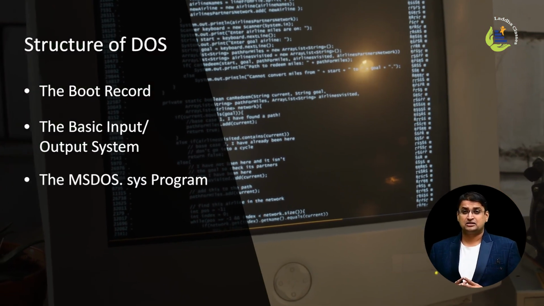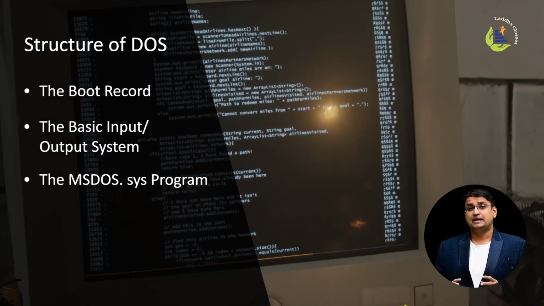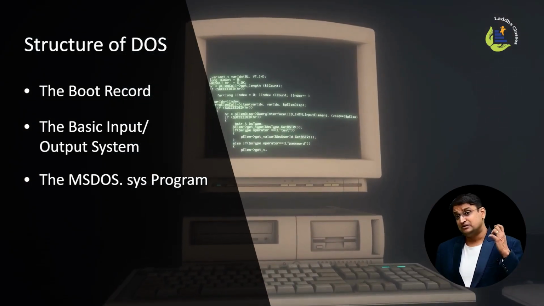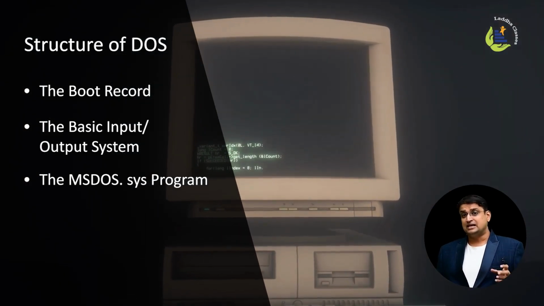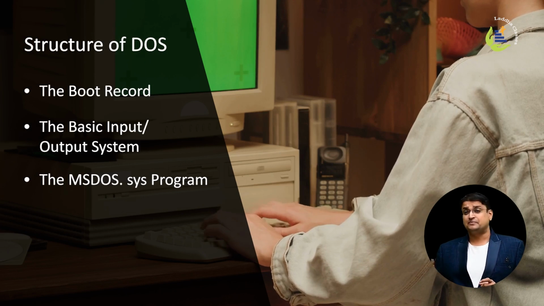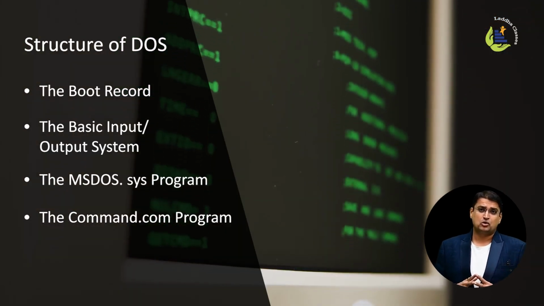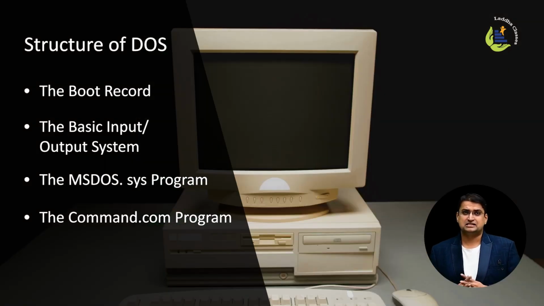The MS-DOS.sys program is a collection of program routines and data tables that provides services to high-level programs such as application programs. The command.com program provides a standard set of commands that gives users access to file management, configuration, and miscellaneous functions.